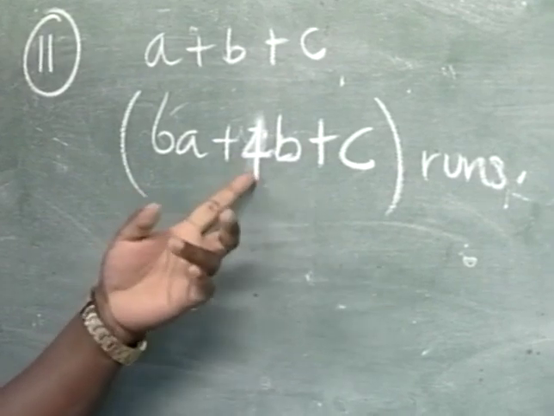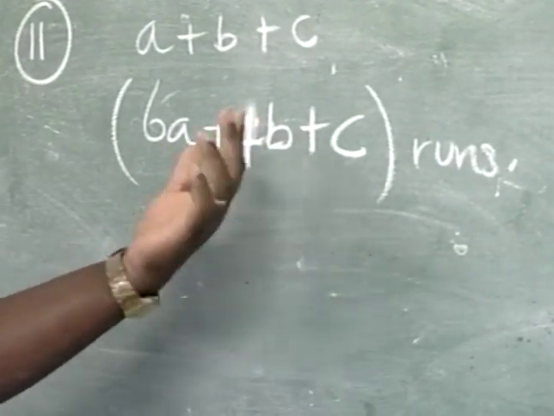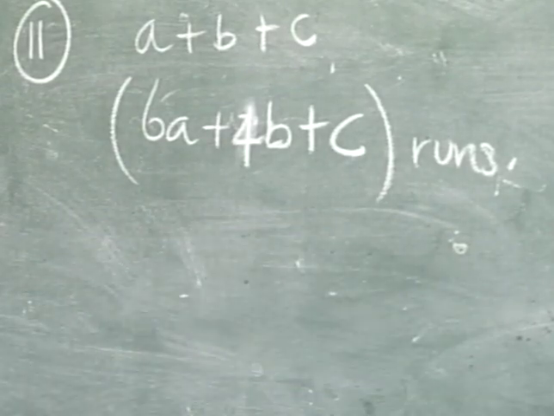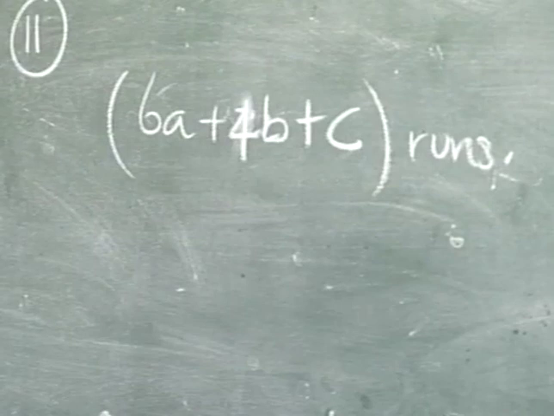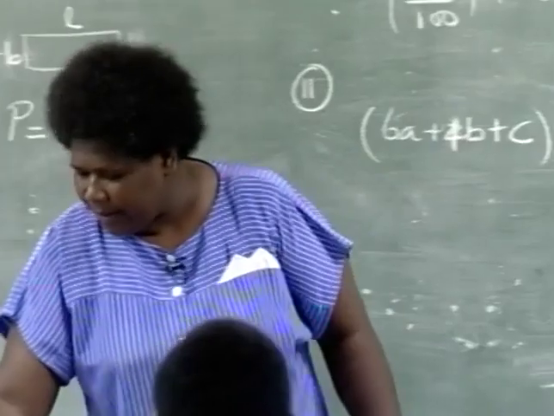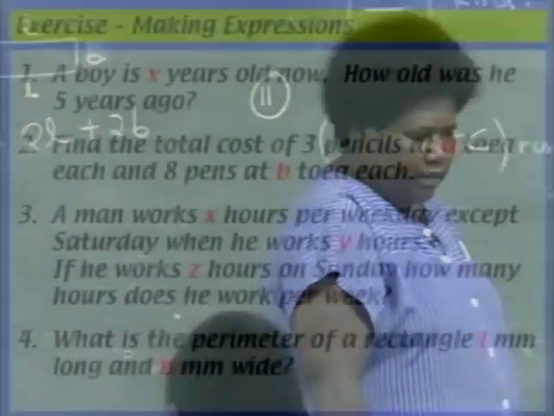And if it's 4 fours, then it will be 4 times 4. And then as you add the singles, that will be the total runs this particular person makes. So 6A plus 4B plus C runs. Now we'll go back. Your turn. You do number 2 and number 3 first. Quick.